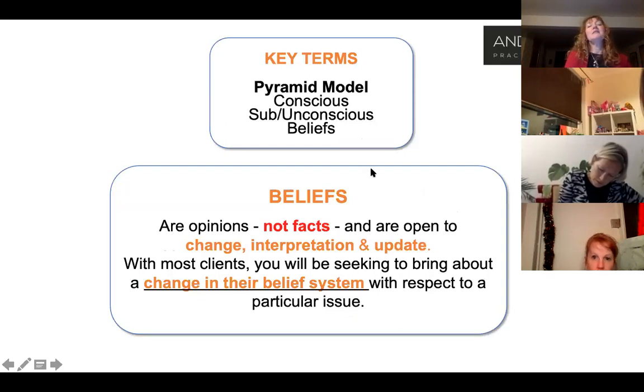Okay, right. Something that's really important before we look at a slightly more detailed model of the pyramid model is that beliefs are not facts. Beliefs are opinions, based on the things that have happened to us throughout our lives.